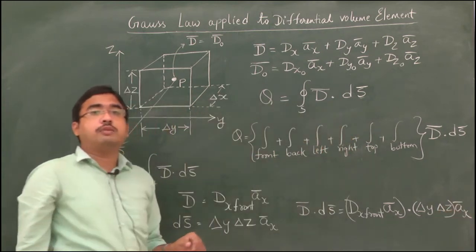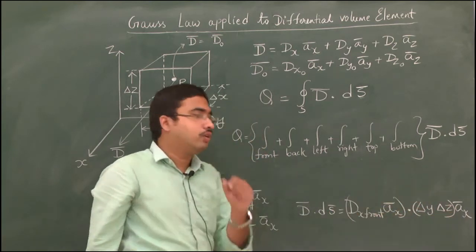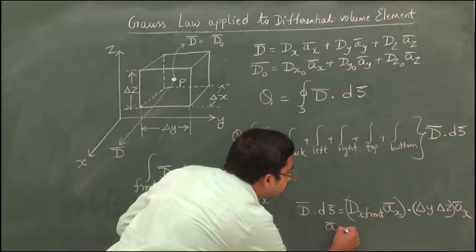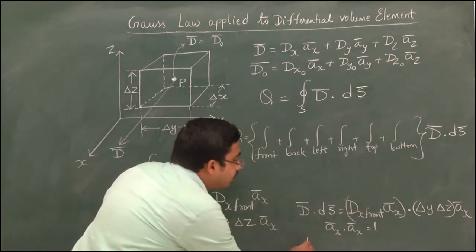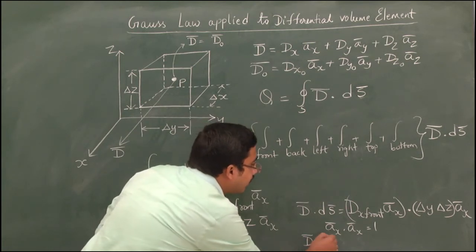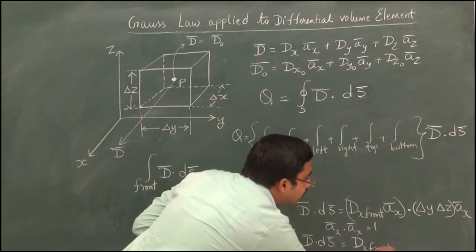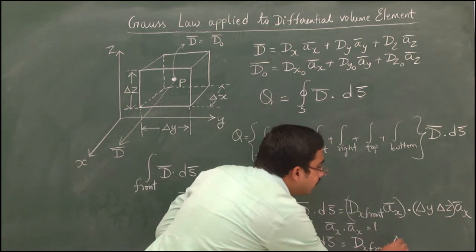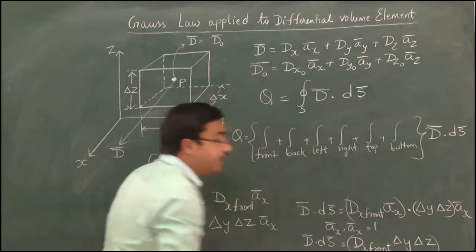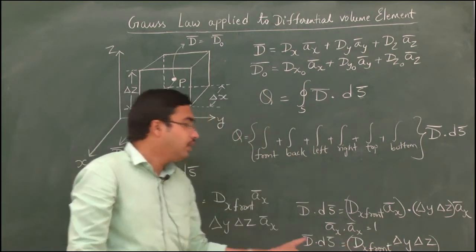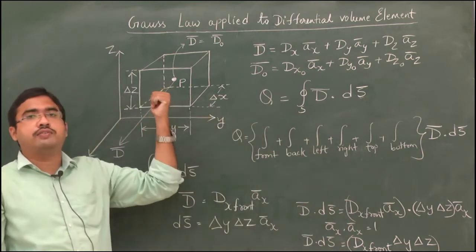Already we know that the dot product of two similar vectors, ax bar dot ax bar, is equal to 1. So if you apply that here, you will get D bar dot dS bar equal to Dx front into delta y delta z, when you are looking from the front side of this differential volume.